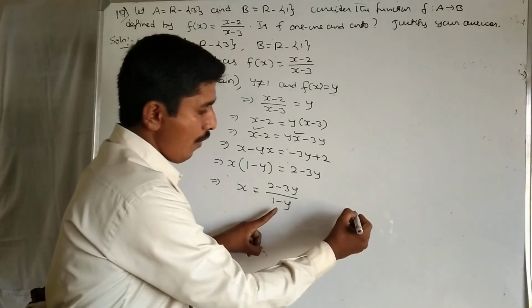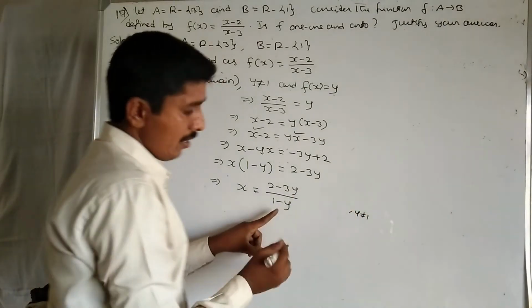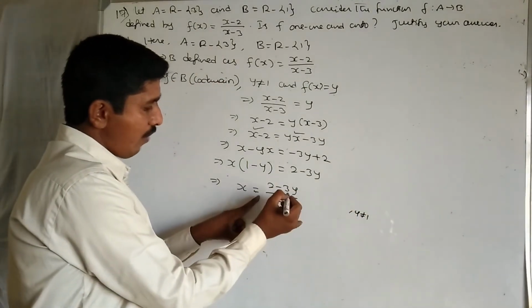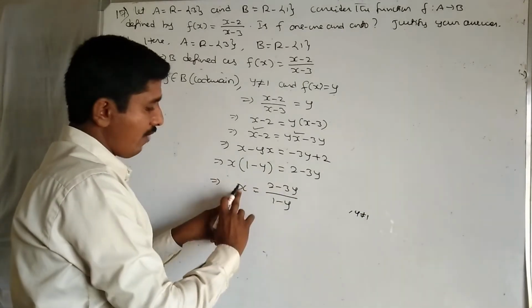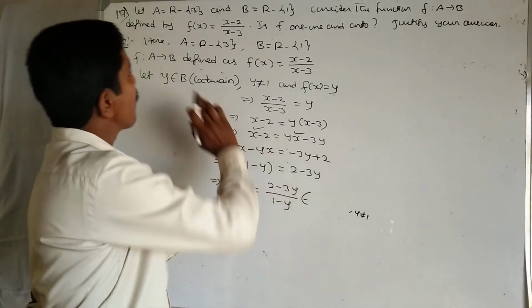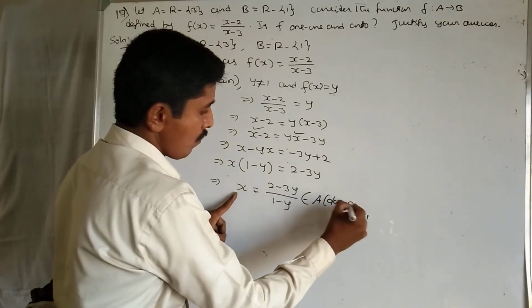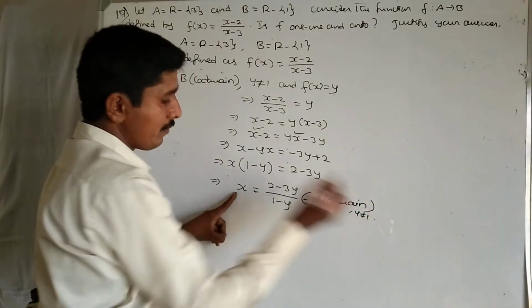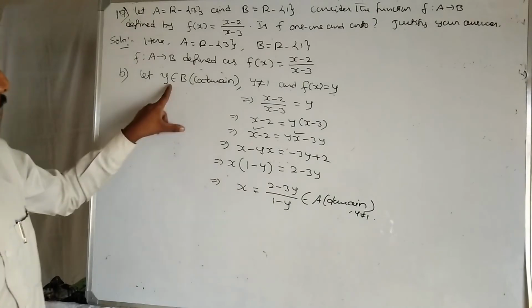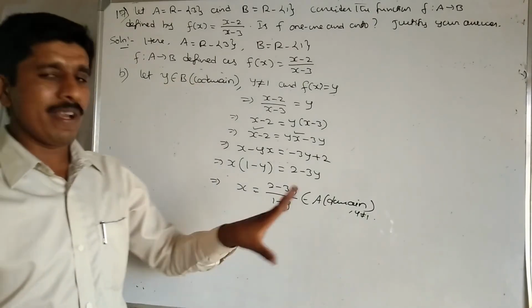Given that y is not equal to 1, therefore for any other value of y, the x value will be defined. Here x belongs to the domain, which is set A. For every element in the codomain, there exists a pre-image element in the domain.